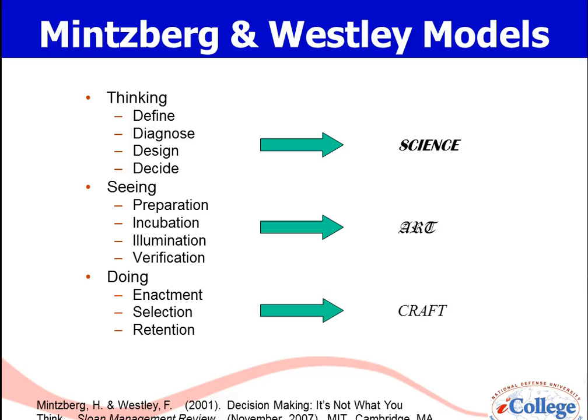The third approach depends on acting out various solutions, selecting the best, and then retaining that solution. Again, for many people, under many conditions, this works just fine. Mintzberg and Westley suggest that these 3 approaches ought to exist side by side as part of the decision maker's toolkit.